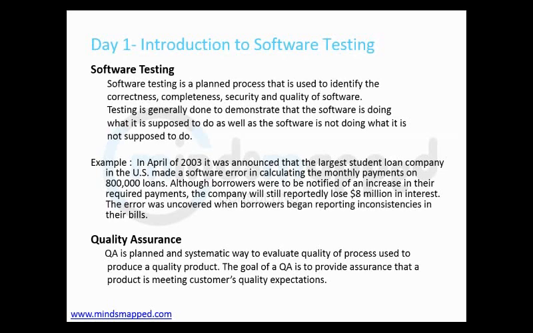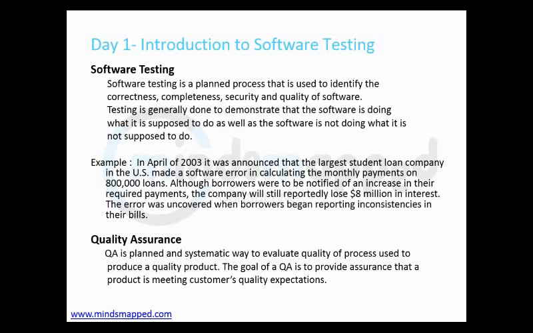The goal of QA is to provide assurance that a product is meeting customer quality expectations. The customer will have some expectation, so my product should be like this, and they will have some requirements. For example, you need to create software for mobile, a picture editor, and you are giving a lot of options, like adjusting brightness, trimming, or cutting some portion.